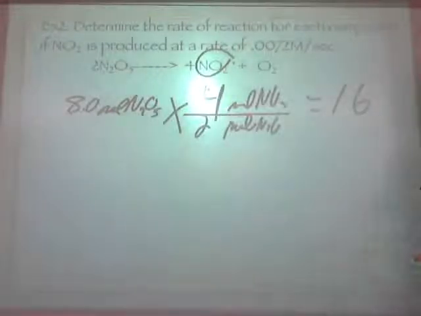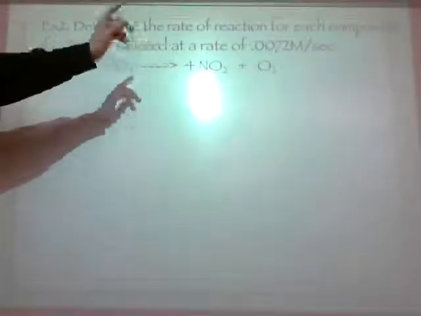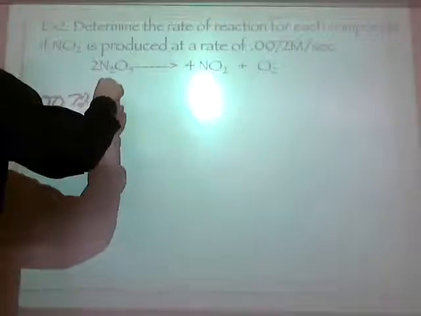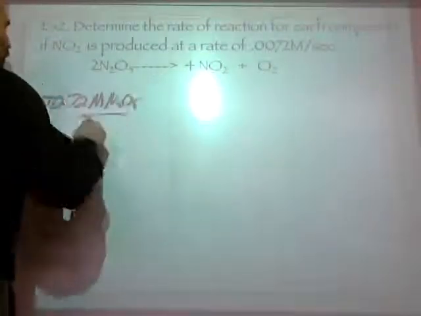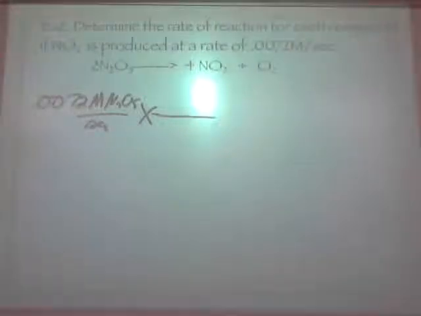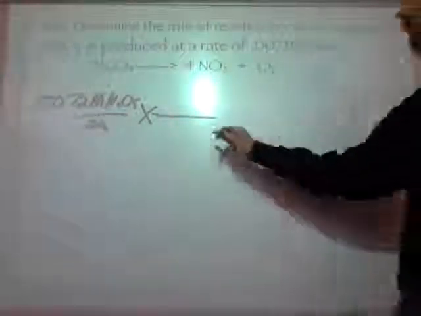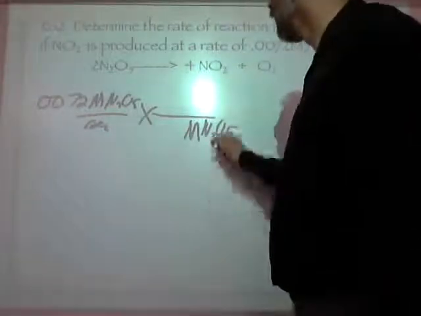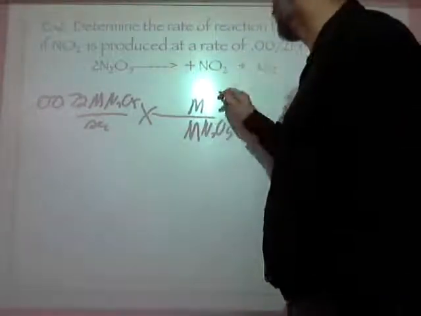Right? Pretty simple. So in this case, what am I told? I'm told I have 0.0072 molar of N2O5 per second, and I simply put molar of N2O5 on the bottom, and molar of, who am I looking for?